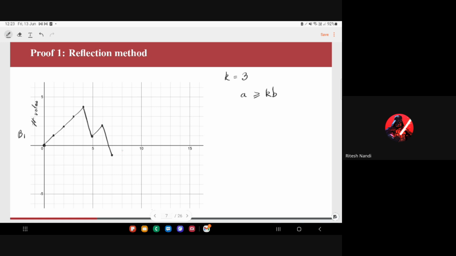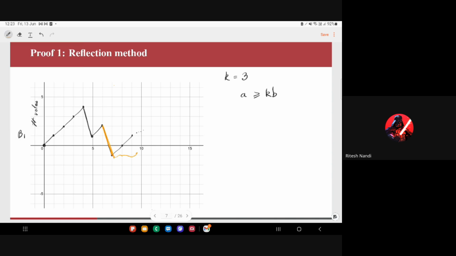So then I say there's a vote for A, and whatever follows right after this can be anything. But we are concerned more about what happens when it first touches or goes down the x-axis.